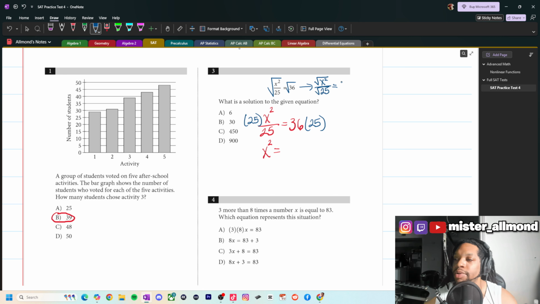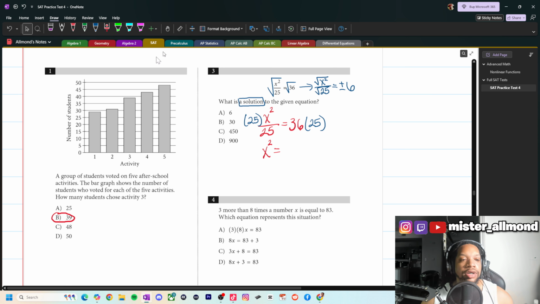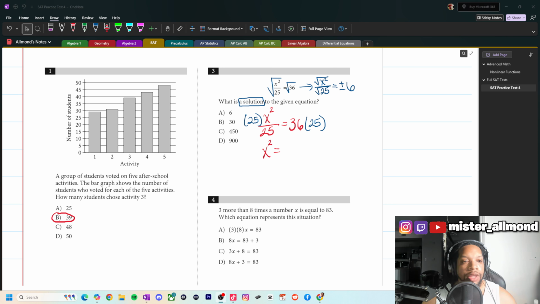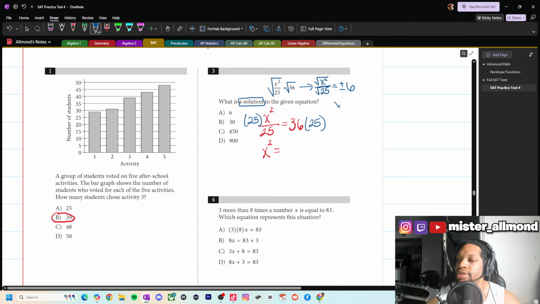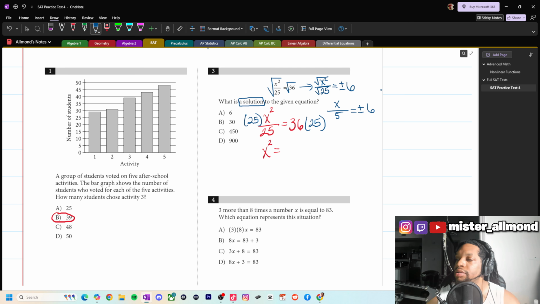Without a calculator, that's probably easier. And then notice that I got plus or minus, and I also noticed that it says what is a solution. So that right there lets you know that there probably is more than one. But all right. And then I'm going to just do it the second way since it's easier. And then if I times both sides by 5, you'll either get negative 30 or positive 30. So I'll go right there.